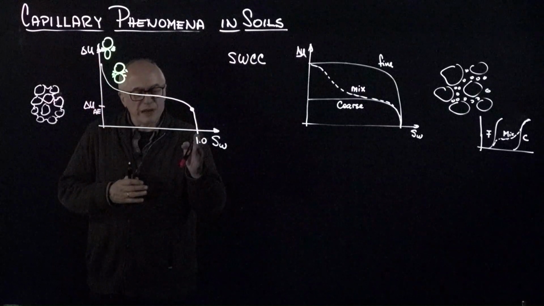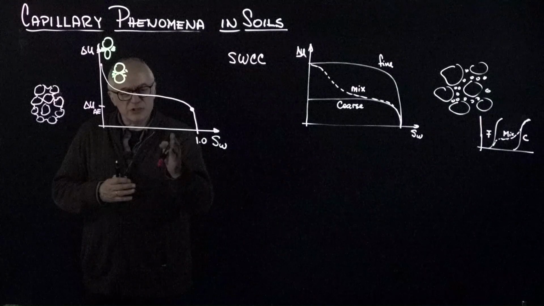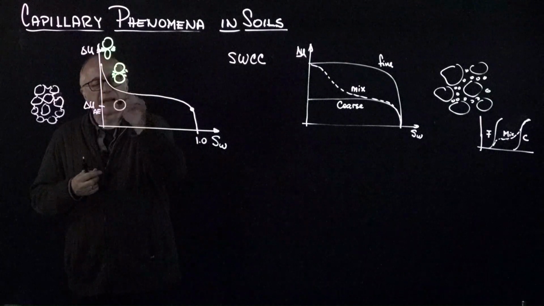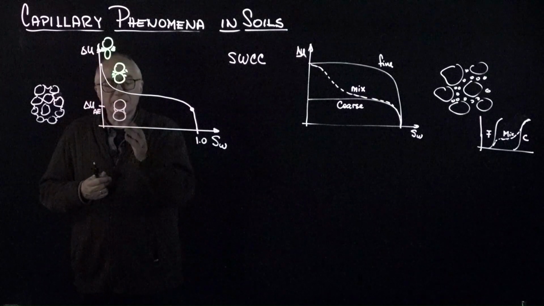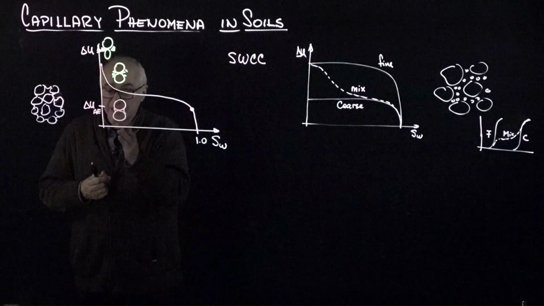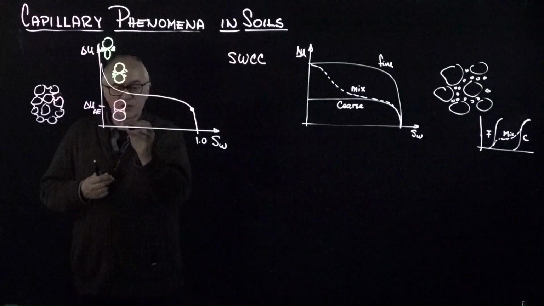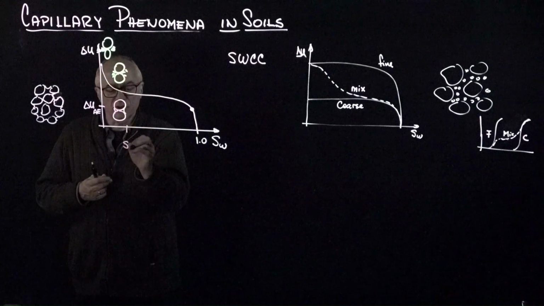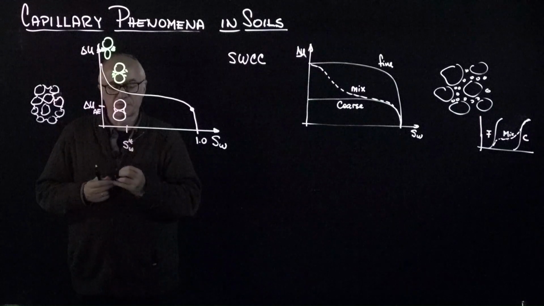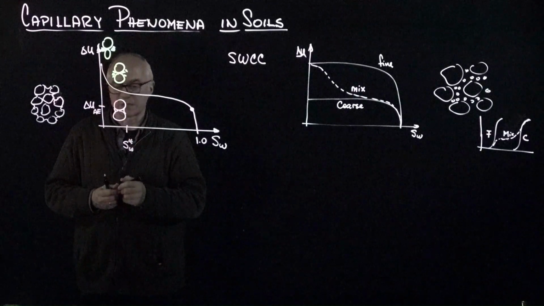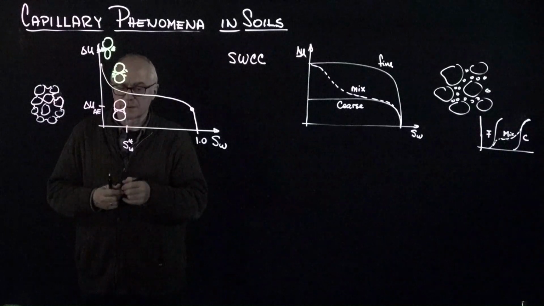As you begin drying the soil, it gets to a point that the water remains only at menisci. And therefore, the water phase is not a continuous phase anymore. We're going to call that the water percolation in soils, the percolation threshold.